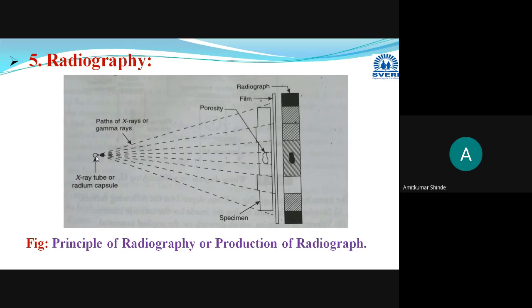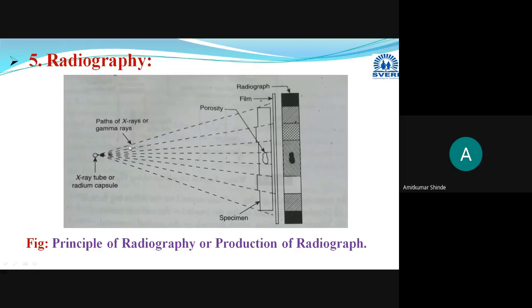In short, we are taking a source which will provide waves having a very short wavelength. Due to the shorter wavelength, they can pass through any type of component. From that source you have to get waves with a very short wavelength.